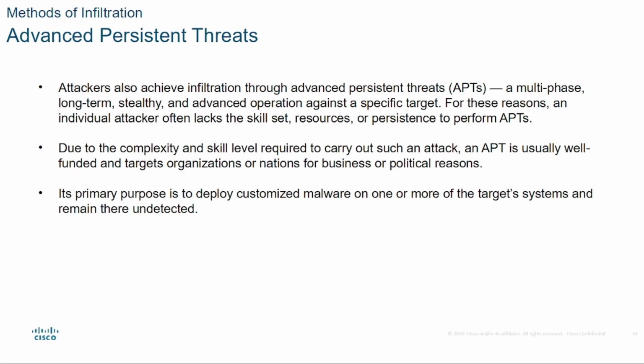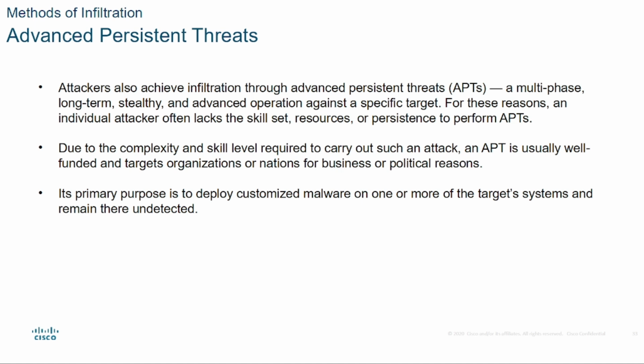Another method of infiltration is advanced persistent threats. Attackers also achieve infiltration through advanced persistent threats. This is a multi-phase, long-term, stealthy, and advanced operation against a system. For these reasons, an individual attacker often lacks the skill sets, resources, or competence to perform advanced persistent threats.